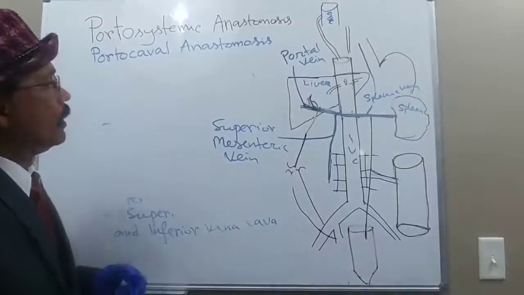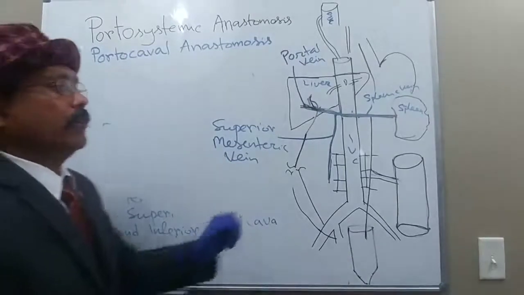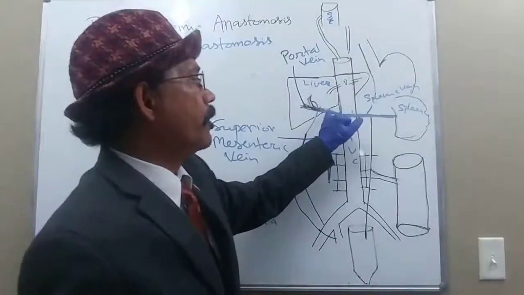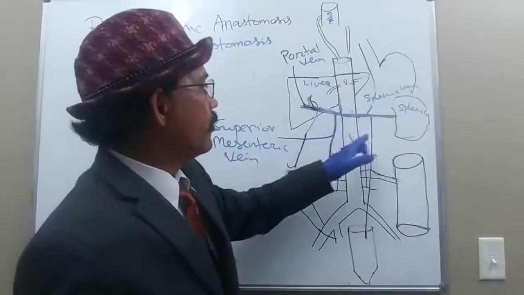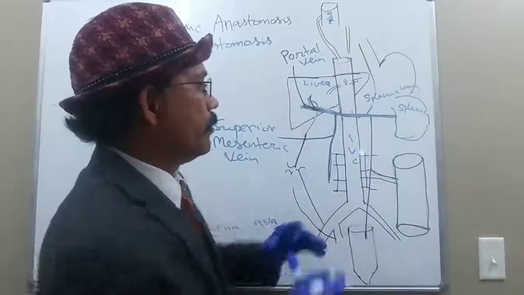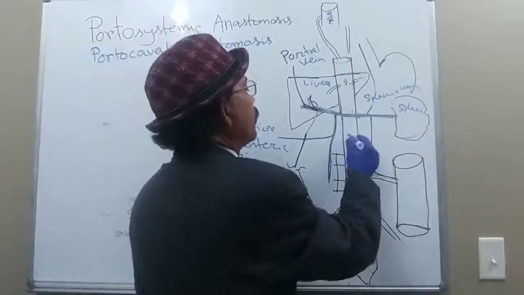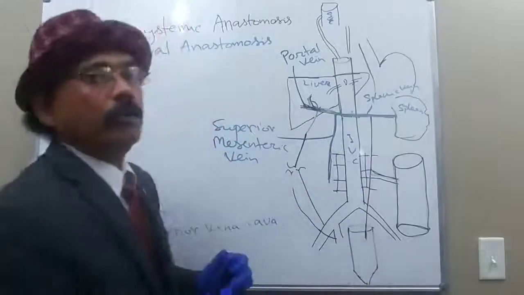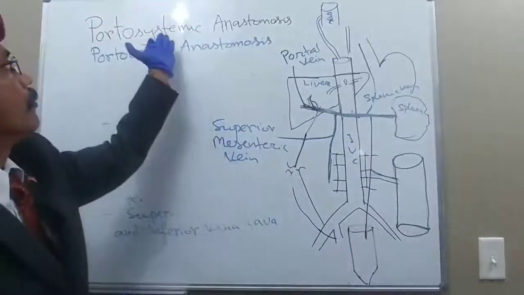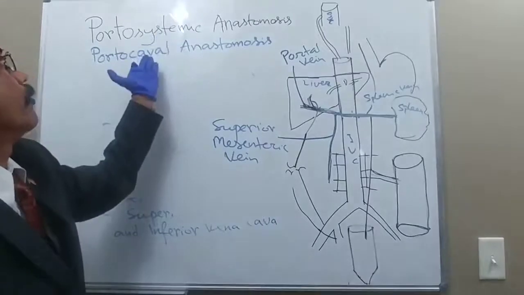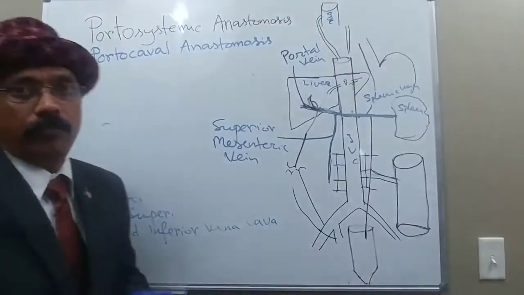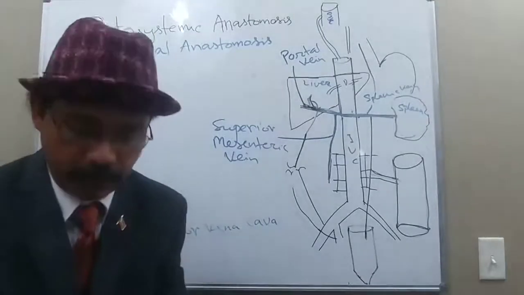So there will be establishment of anastomosis between the portal vein and the systemic vein. Those are the tributaries of inferior vena cava or superior vena cava. So it is called portosystemic anastomosis, also called portocaval anastomosis. Both of them are correct.